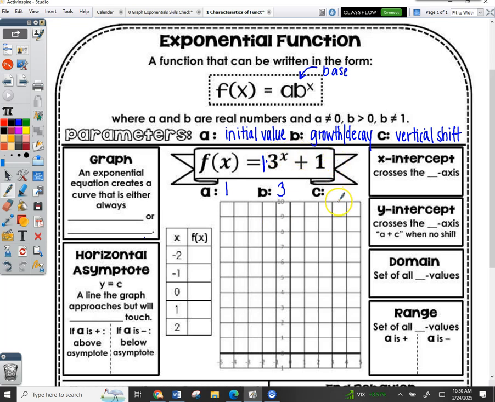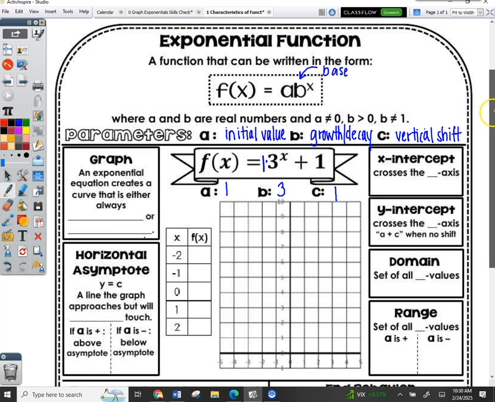And then what is your vertical shift? That would be this part on the end, very similar to when we had quadratics, that is telling it that you're going to shift it up 1. Okay?